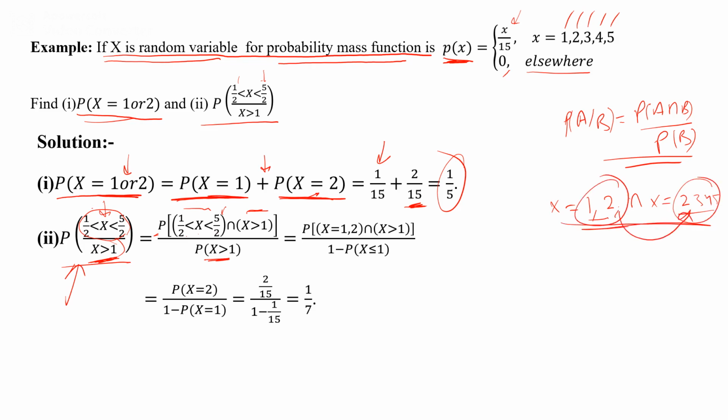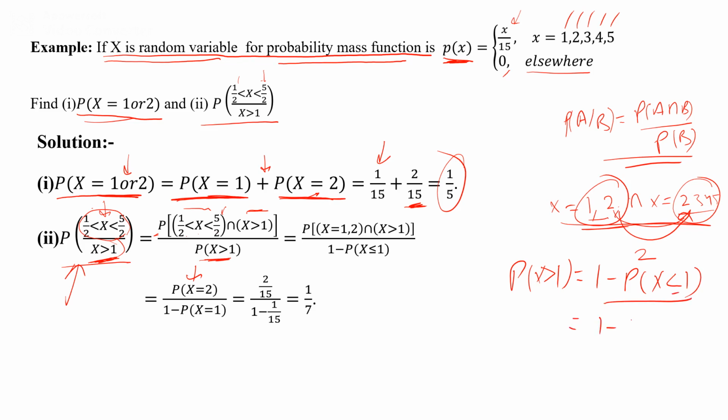So we can say the probability when x is equal to 2, divided by the probability x is greater than 1, which we can write as 1 minus the probability x is less than or equal to 1.